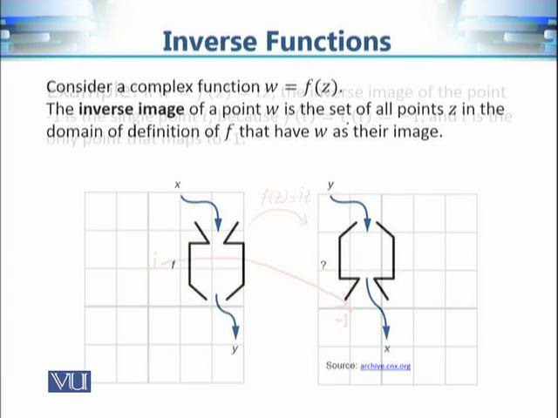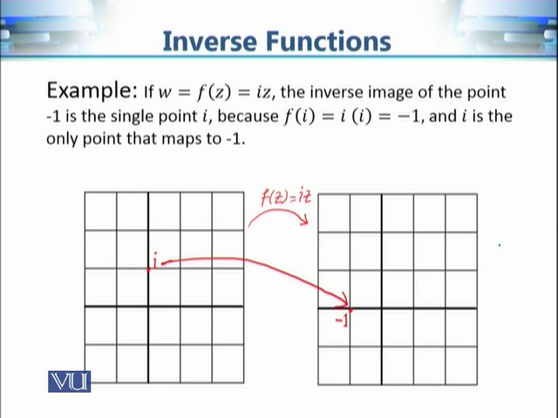conditions? For that, let's observe a few examples. In this case, we have a simple function f of z is equal to iota z. When we apply this function on the points of the domain or the z plane, we get points in the w plane. In particular, when we apply this function on the point iota, we get the point minus 1.